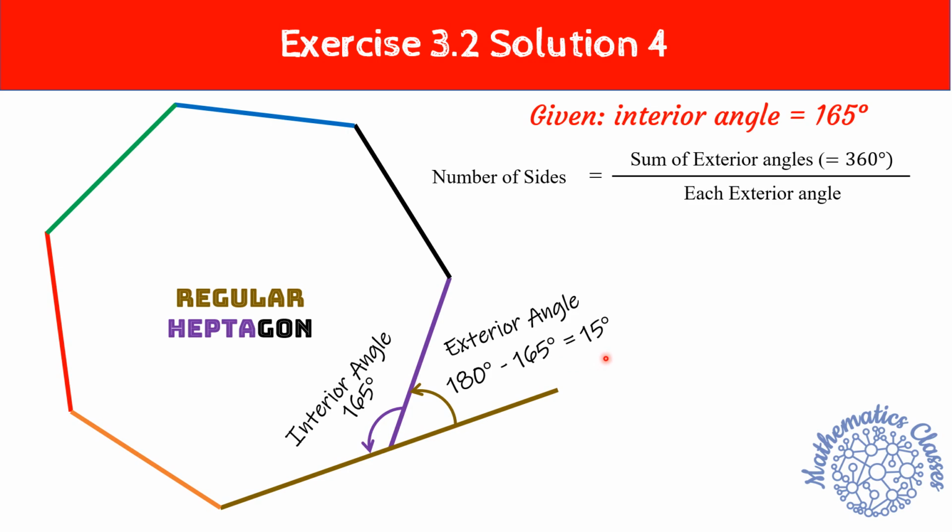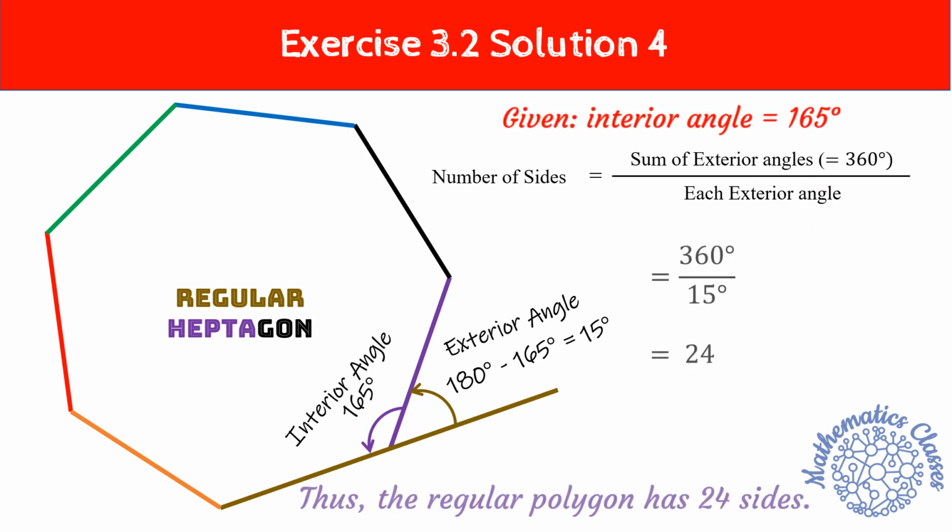Now, we know that number of sides equals sum of exterior angles divided by each exterior angle. After putting in this exterior angle, we get 360 divided by 15, which is equal to 24. Thus, the regular polygon has 24 sides.